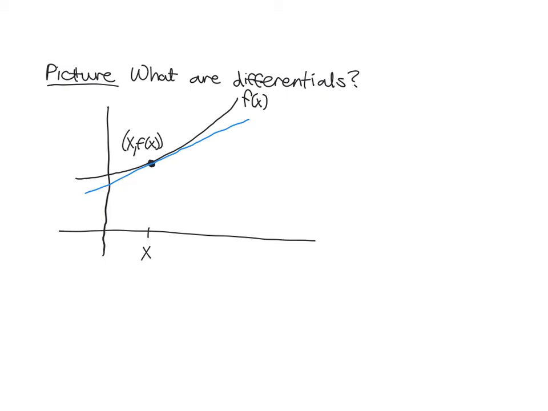Now we know something about this tangent line. Let's focus in on these points. We know something about this triangle. We know the slope of the tangent line equals the derivative of f at x.